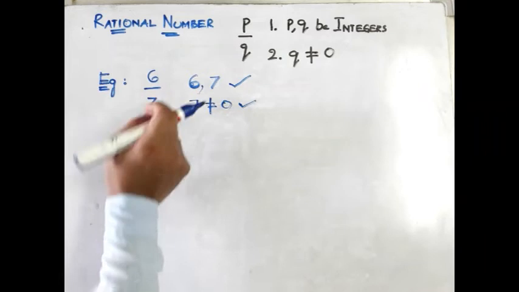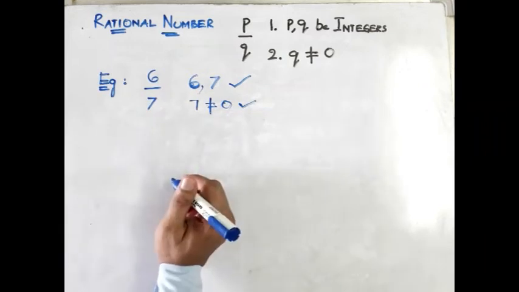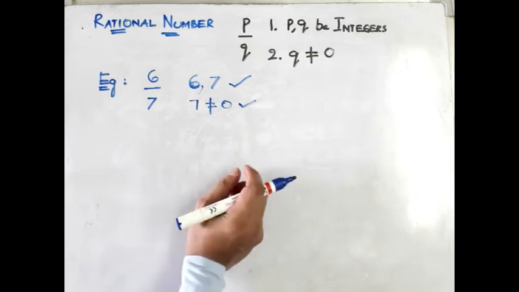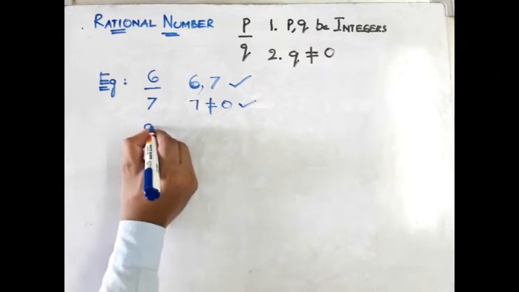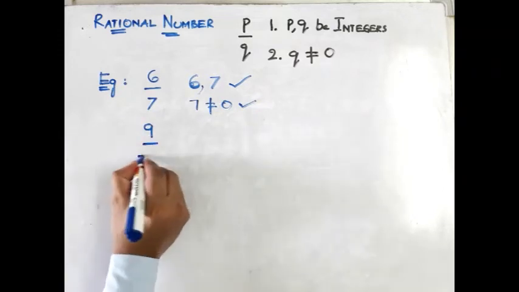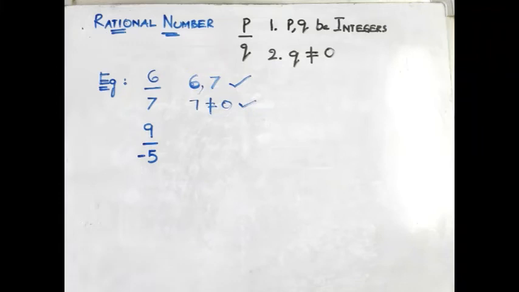Now, can I call 6 by 7 a fraction? Yes. Then what exactly is the difference between a fraction and a rational number? Now look, I am taking another example, 9 by minus 5. First, you tell me whether this is a rational number or not.